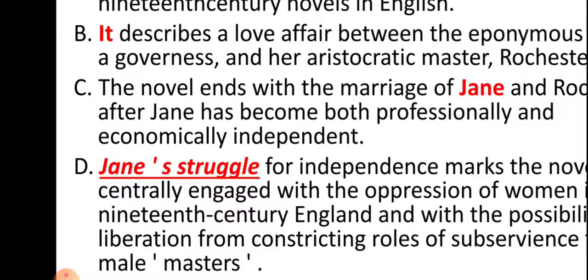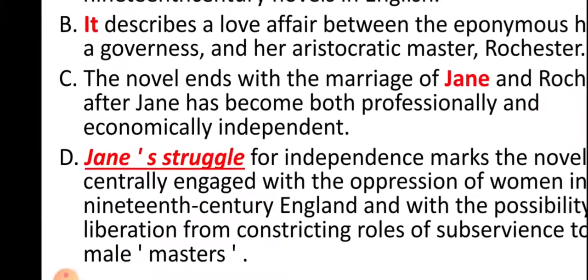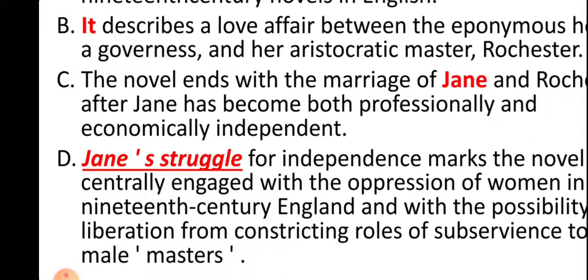Now look at C and D. The novel ends with the marriage of Jane and Rochester after Jane has become both professionally and economically independent. This is one sentence. And in D again, Jane's struggle. Okay, so always remember, whenever an idea or a point or a person or a thought is introduced, and the same idea or the same name is repeated, first try to understand where that name is introduced.